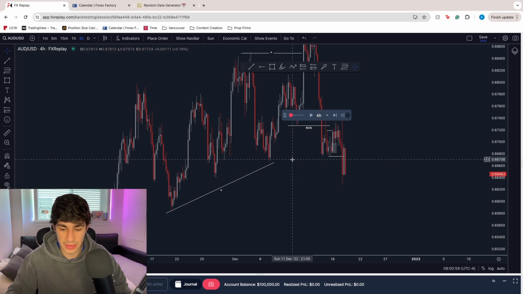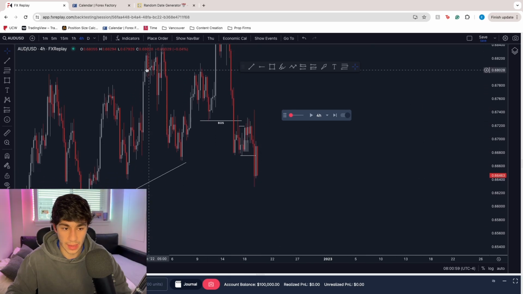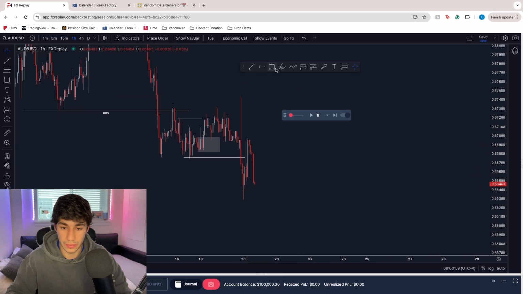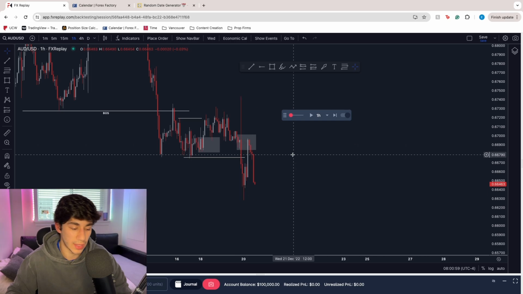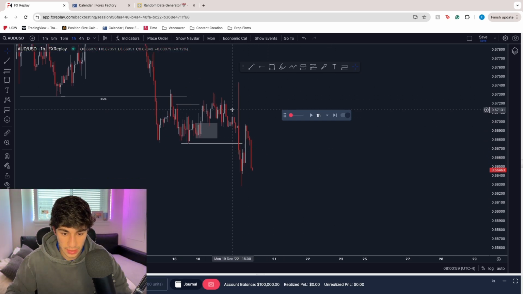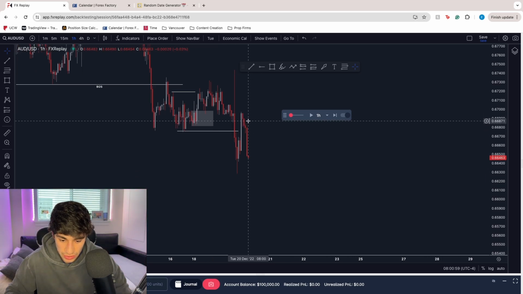So price is basically moving towards taking this liquidity below these lows here, which is very nice. Now we have to understand that price took Friday's low. It did a reversion, but now it rejected basically from this supply zone here. So honestly we don't have too much to do in our session right now.